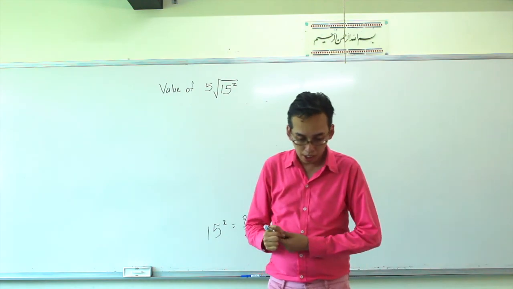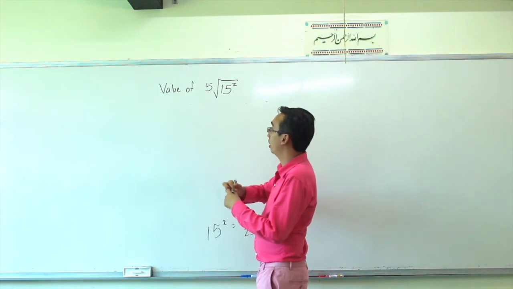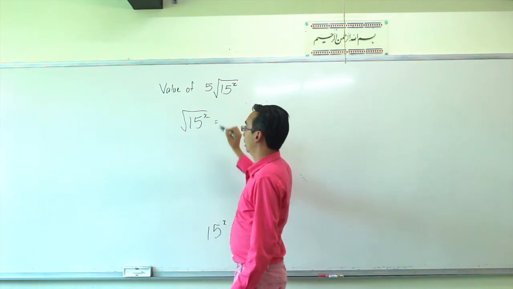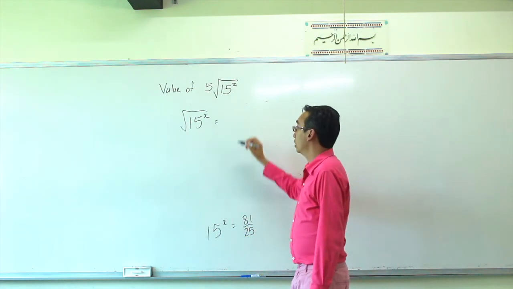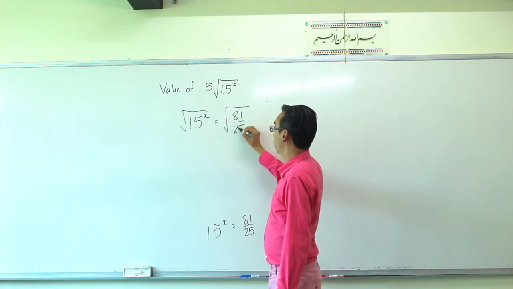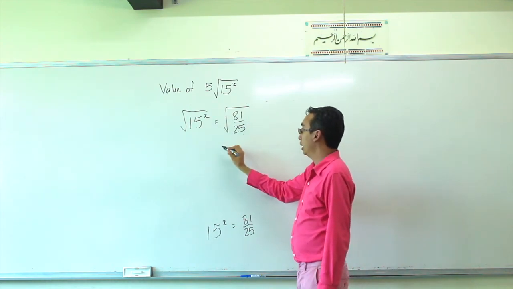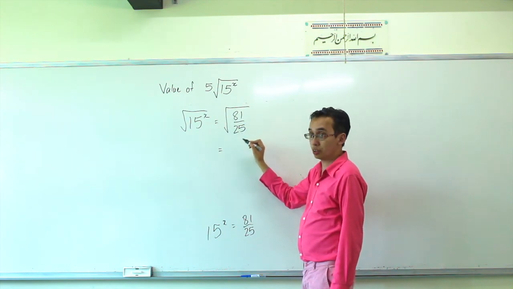First thing first, the book teaches you to calculate this without the 5. So let's calculate root of 15 to the power of x. Previously we calculated 15 to the power of x is 81 over 25. So it will be the square root of 81 over 25. As we know, when we calculate the square root of fractions, it's the same as the square root of the numerator divided by the square root of the denominator.